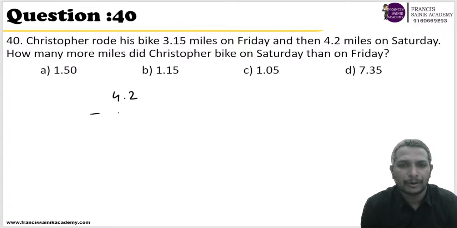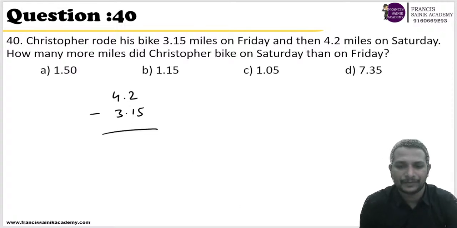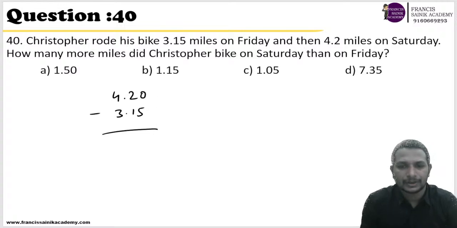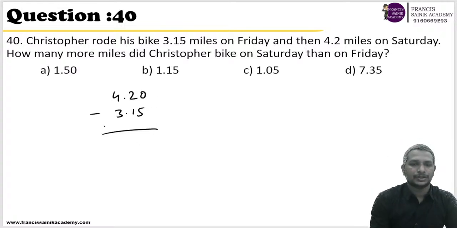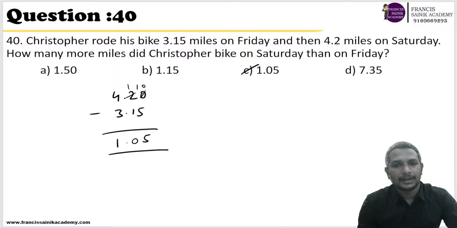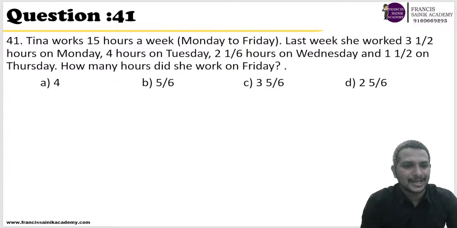Same way, 4.2 minus 3.15. Whenever you're doing addition or subtraction, where there are no digits in those places, keep zeros. The answer is 1.05, which is option C.